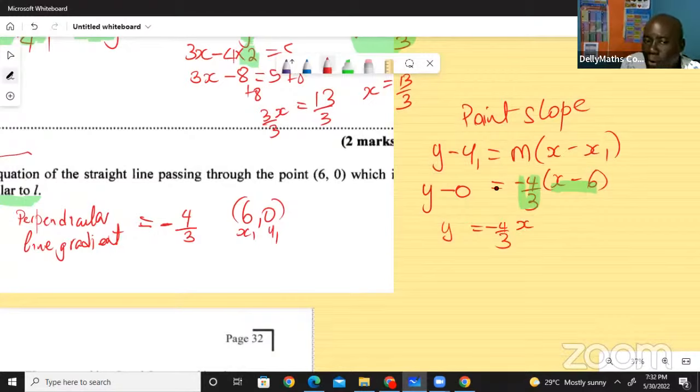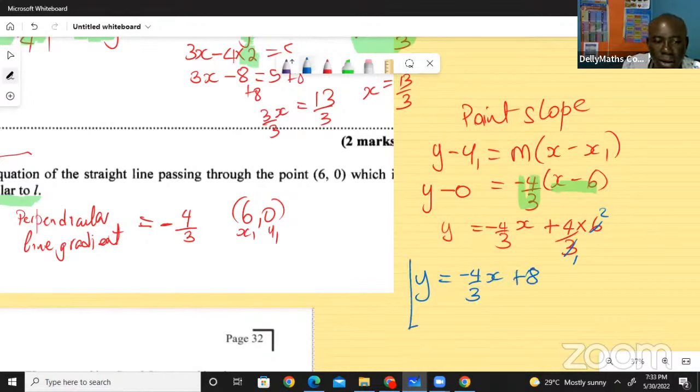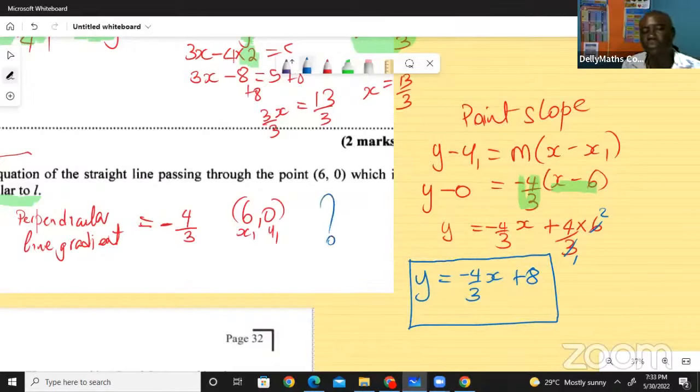And then when the -4/3 meets the -6, it becomes +4/3 times 6. So negative and negative turns into positive. And if you look carefully, the canceling can go on because 3 into itself one time, 3 into 6, 2. So the final thing is y is equal to -4/3 x plus 8. And there you go. That would be the equation of the perpendicular line that they mentioned here.